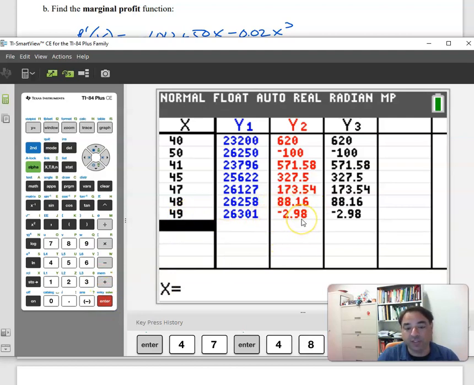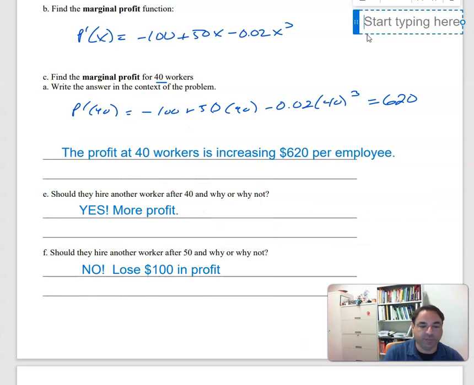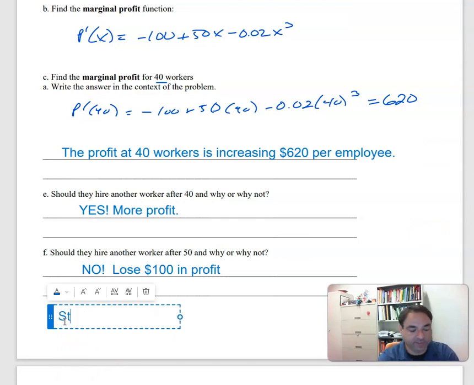No, I'd lose $3. So the question is, when should we stop? At 48, should we get another one? Yes, because the profit would go up. At 49, we shouldn't. So we should stop at 49 employees.